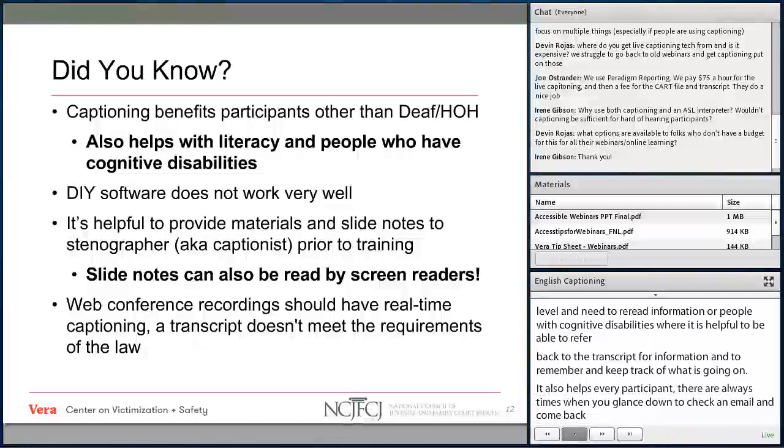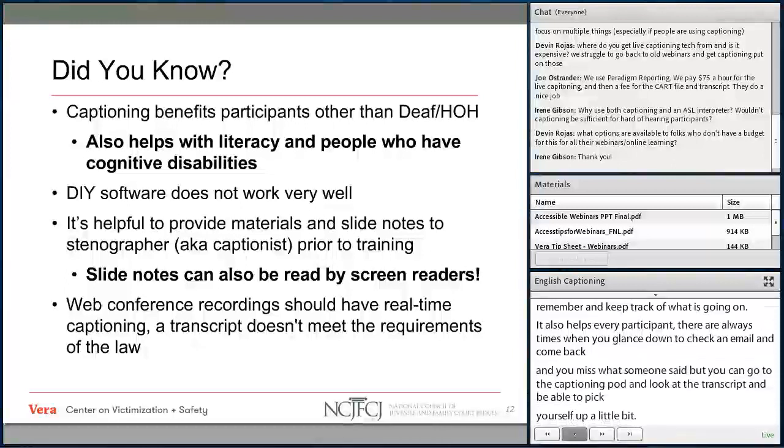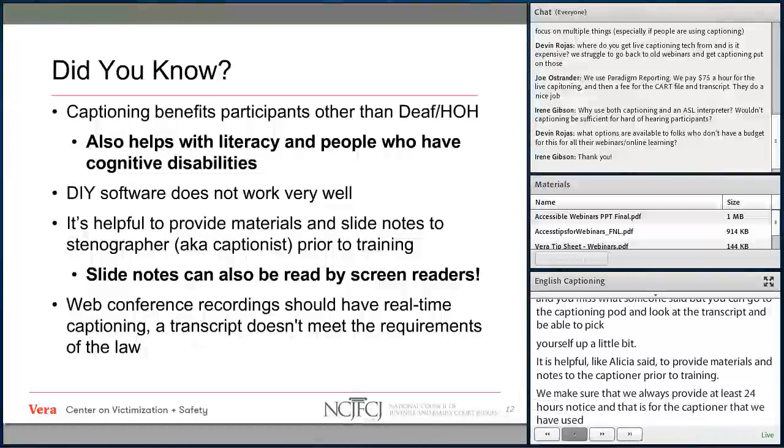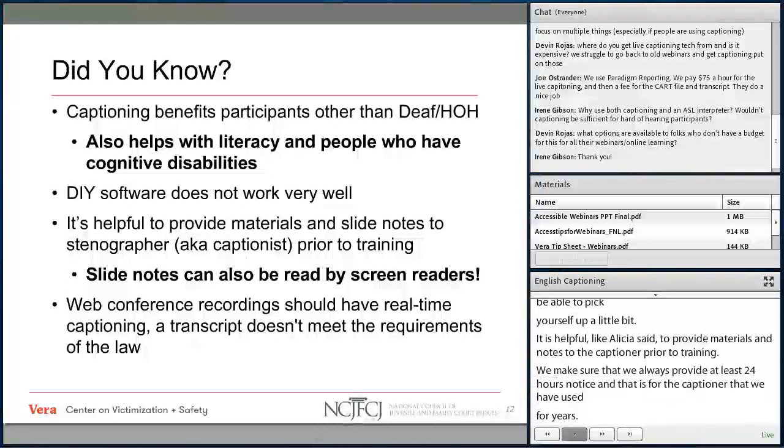It's helpful, like Alicia said, to provide materials and notes to the captionists prior to the training. We make sure that we always provide at least 24 hours notice, and that is for a captioner that we've used for years. In the beginning, when we didn't have the built-in relationship that we have now, we would provide it several weeks in advance so that they had time to review the information, make sure they felt comfortable with it, and ask any questions ahead of time.